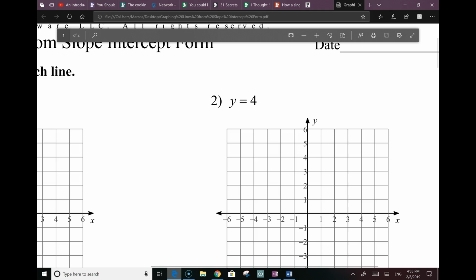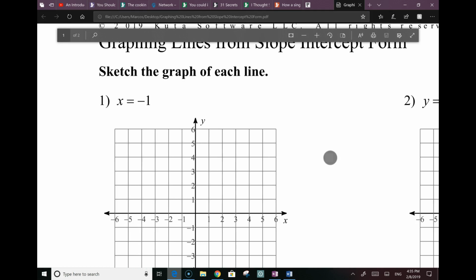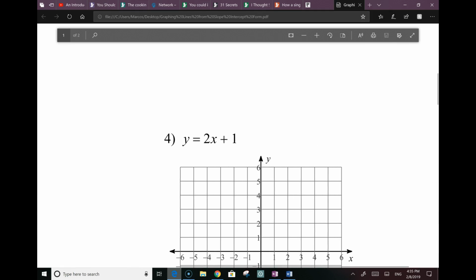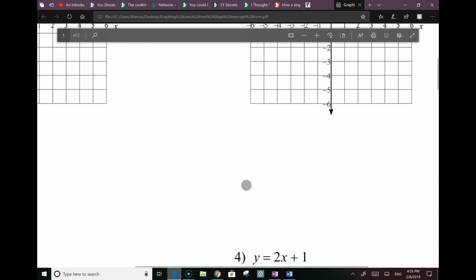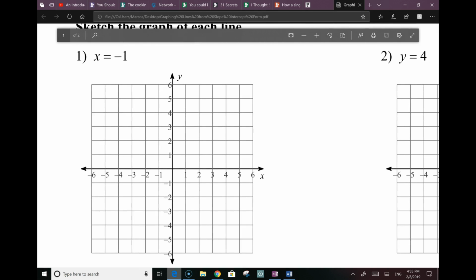So this one is lacking the x and this one is lacking the y. And if you notice these over here, this has both an x and a y, and so does this. And so it doesn't mean that this is going to come out looking not like a line. It will still be a line, but the way you approach it is slightly different.